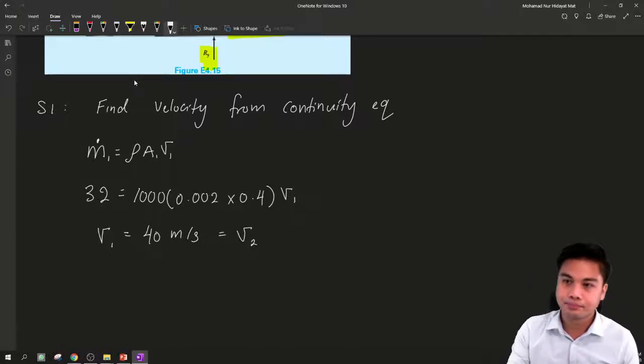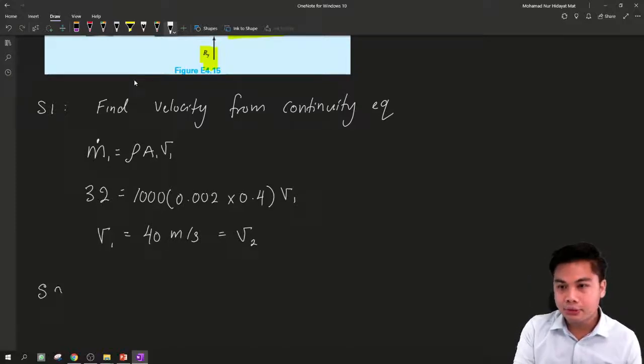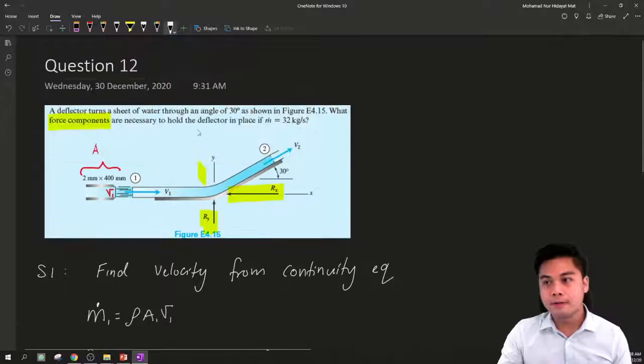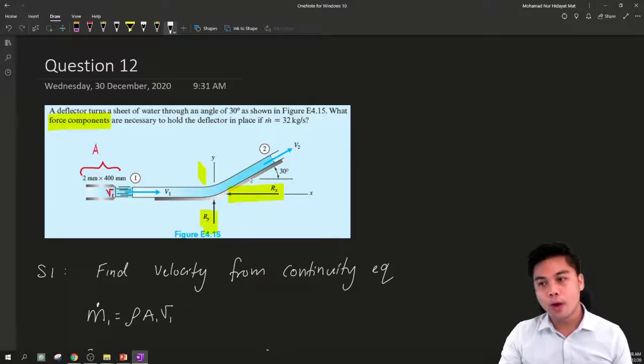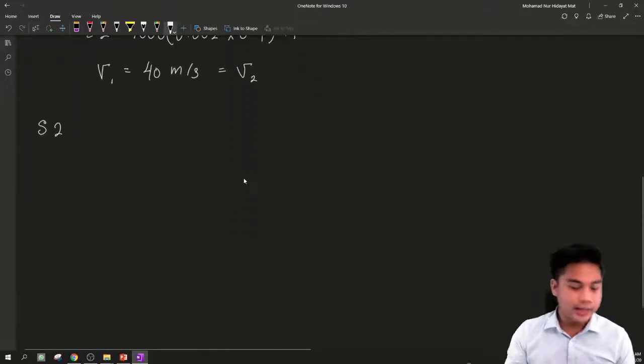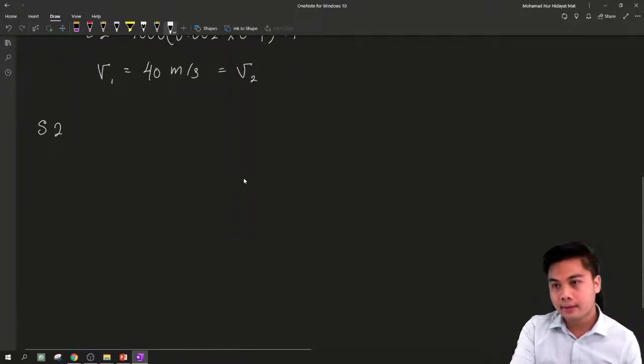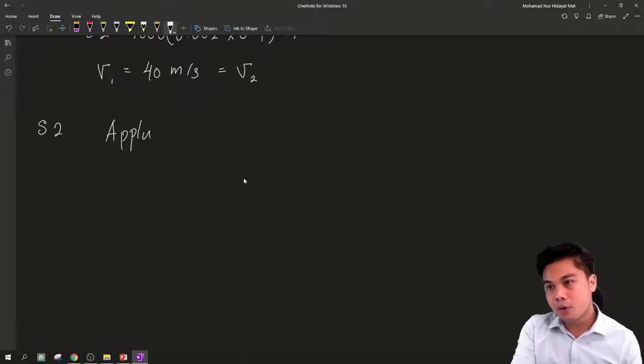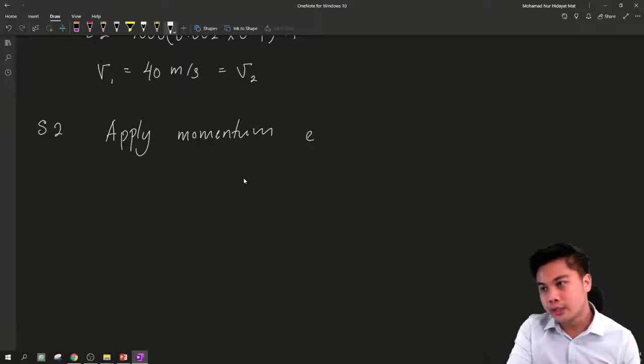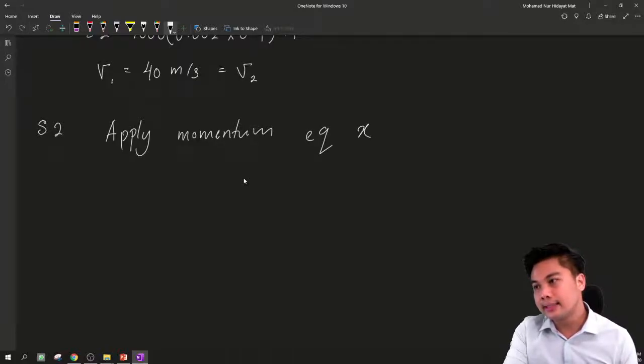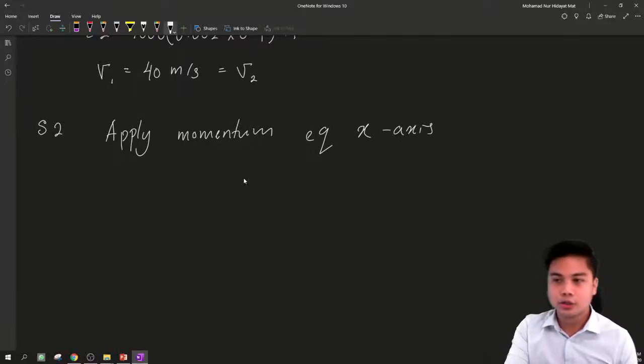V2 as well. And step number 2, in order to involve the force here, we have to apply the momentum equation in the X component and Y component to get both components. So let's apply the momentum equation on the X axis. What is the momentum equation?